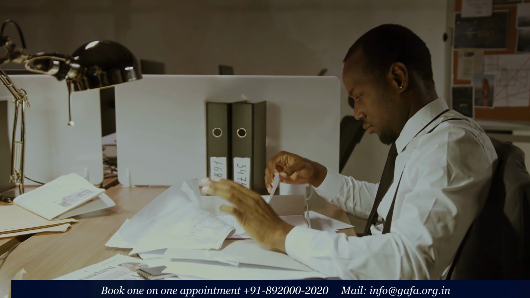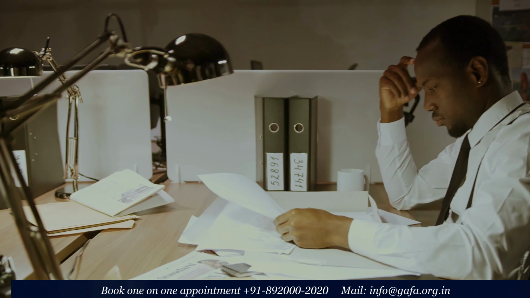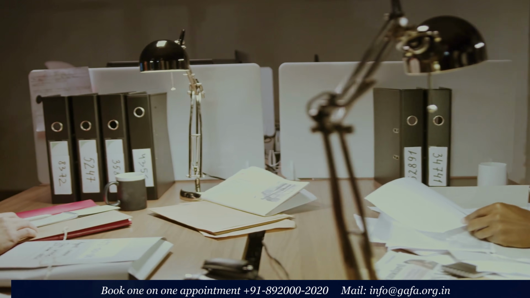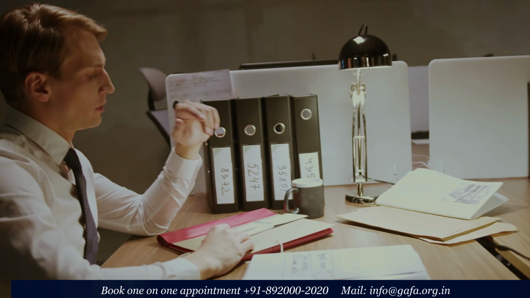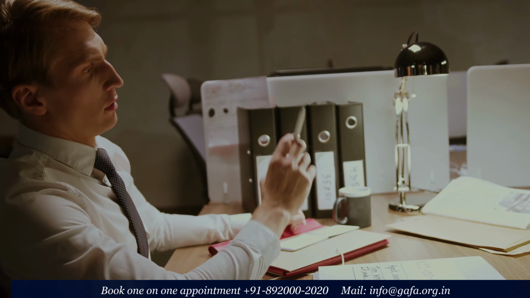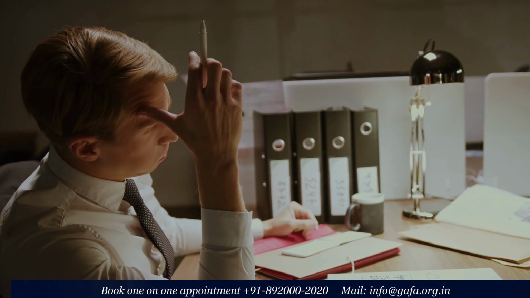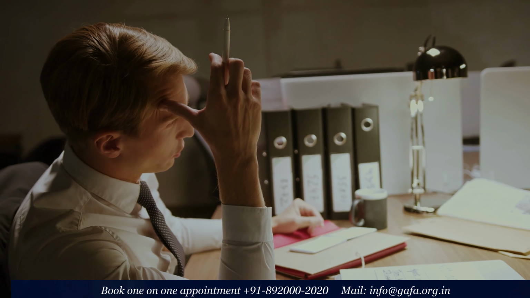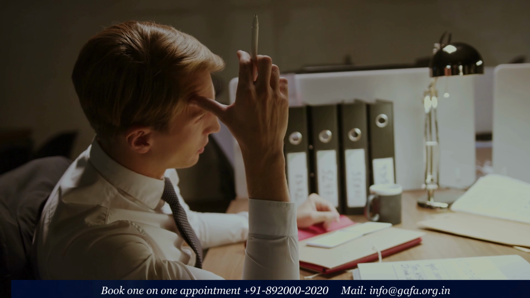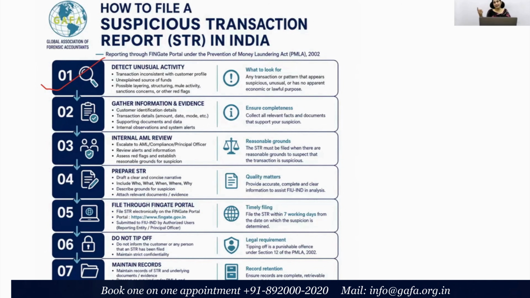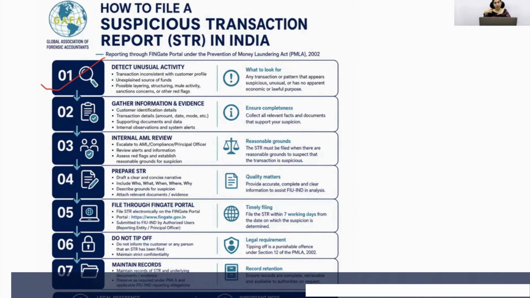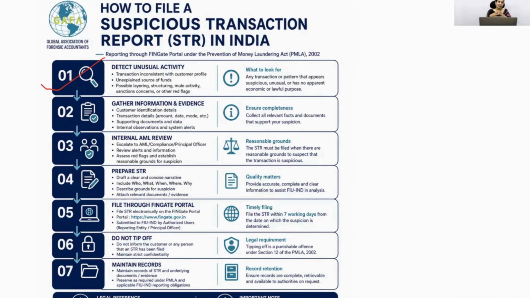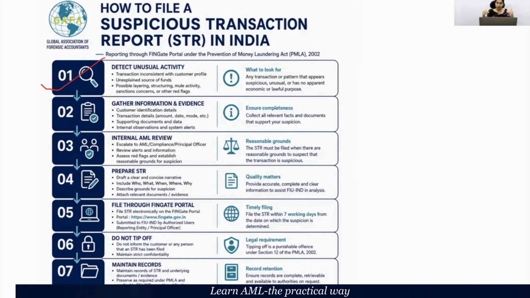In the internal investigation, they try to collect the information from the customer without alerting them. It is very important to know that a customer should not know that he or she is being monitored for anti-money laundering or that an STR is being filed for that person. So we ask for that information through the frontline staff, the branches who are actually in touch with the customer, but indirectly.